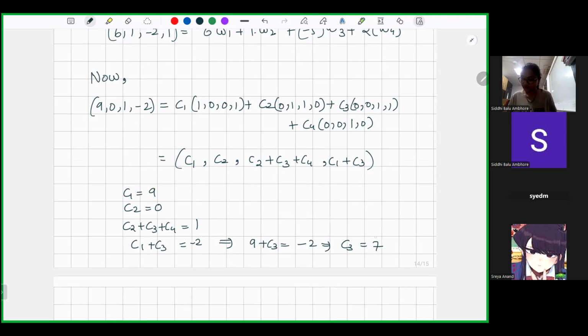Oh, it's going minus. Okay, so it will be minus 11. So C3 is minus 11. So C2 is 0, C3 is minus 11 plus C4 is equal to 1. This implies C4 is equal to 12, right? So we got all the four.